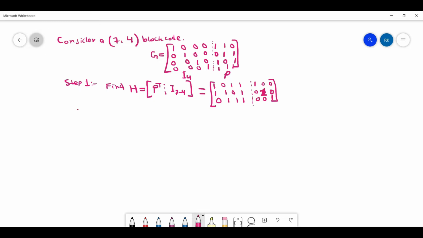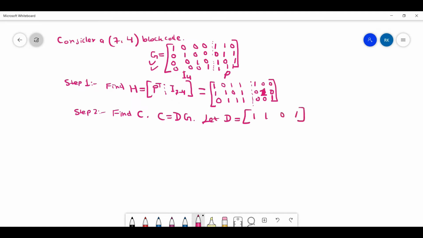Now step 2 is to find the code vector C. Okay, and C is given by D into G. G we have here, we need to assume a message block D. Let the message block D be 1, 1, 0, 1.